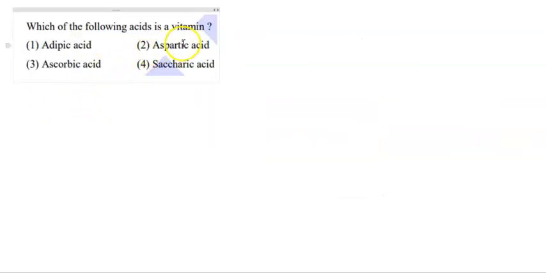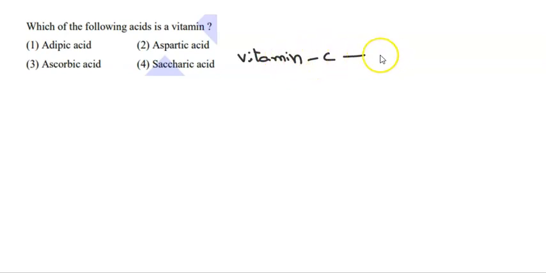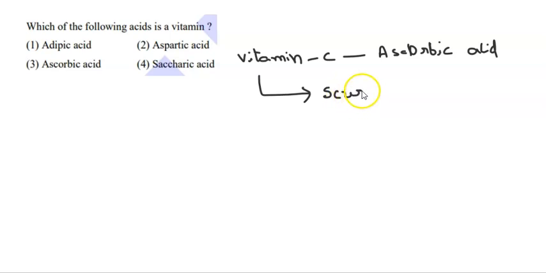Which of the following acids is a vitamin? We know that if I take vitamin C, whose chemical name is ascorbic acid, the deficiency of vitamin C, ascorbic acid, leads to the disease called scurvy.